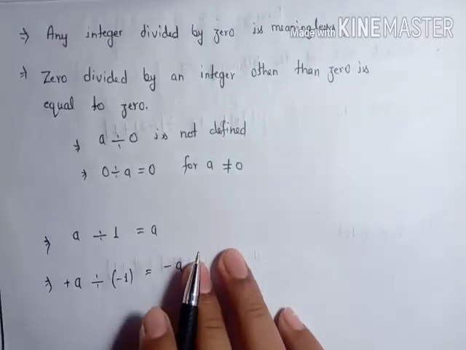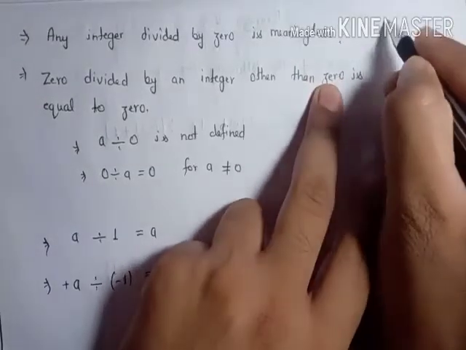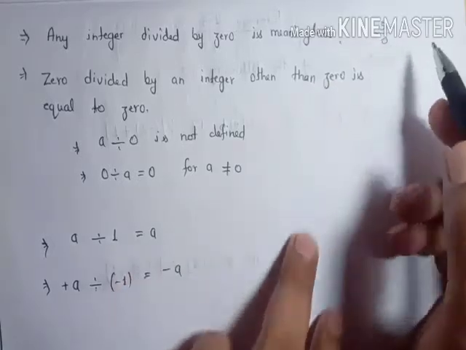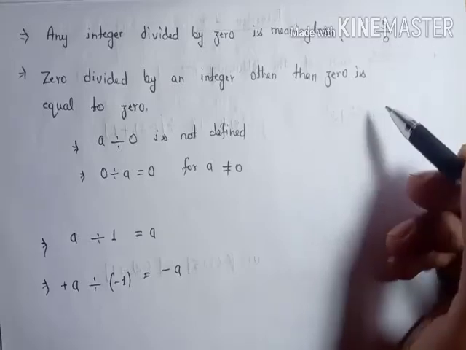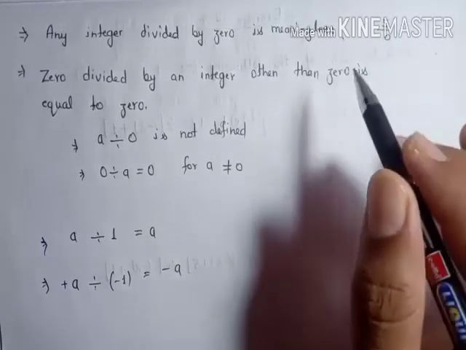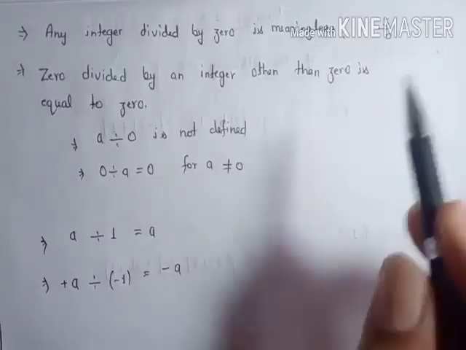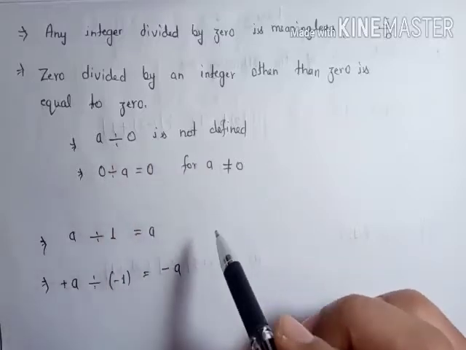Here any integer divided by 0 is meaningless. If you write here 5 upon 0, it means the value of the whole is 0. And how can you select this 5 from 0? This is impossible. So any integer divided by 0 is meaningless, and 0 divided by an integer other than 0 is equal to 0.